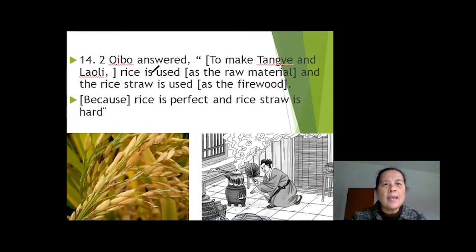So Qibo said, to make a 汤液, soup or liquid, and 醪醴, rice is used. So from here we know basically they use 5 different kinds of rice, and they use the rice stems to cook it. So like you can see the rice here.